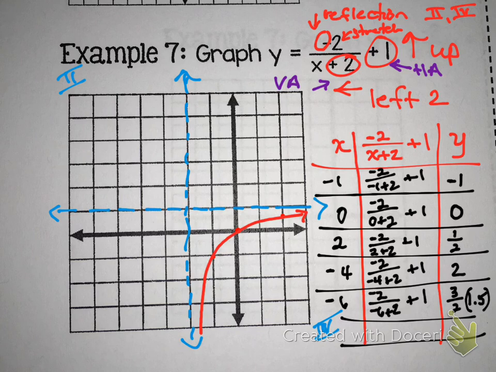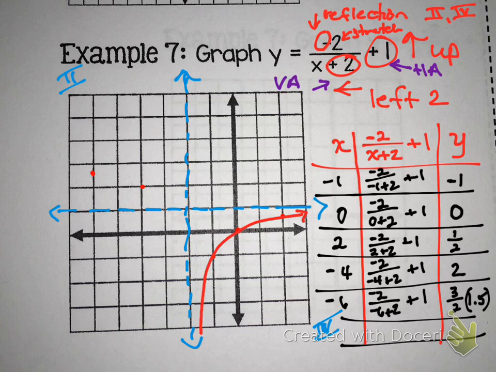So let's plot some of these and see if this helps. I have negative 4 and 2, so that would be here. And I have negative 6 and 1.5.